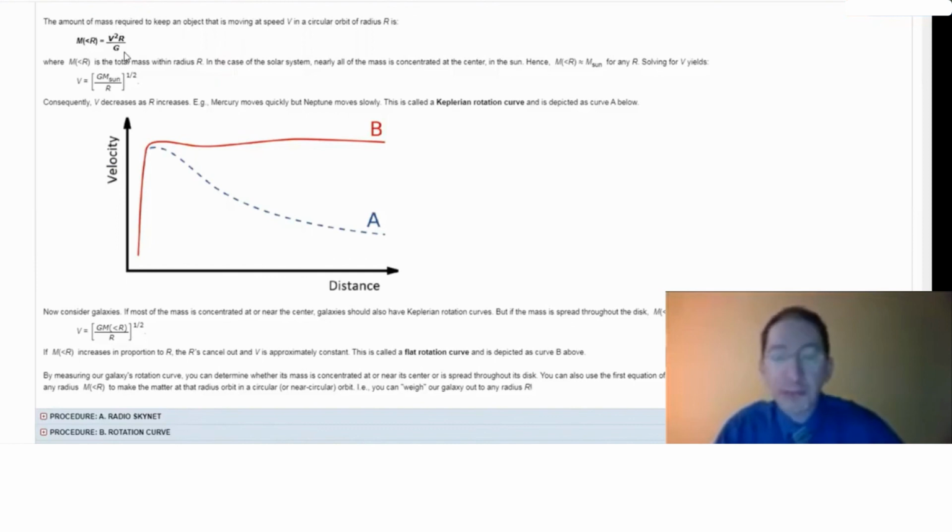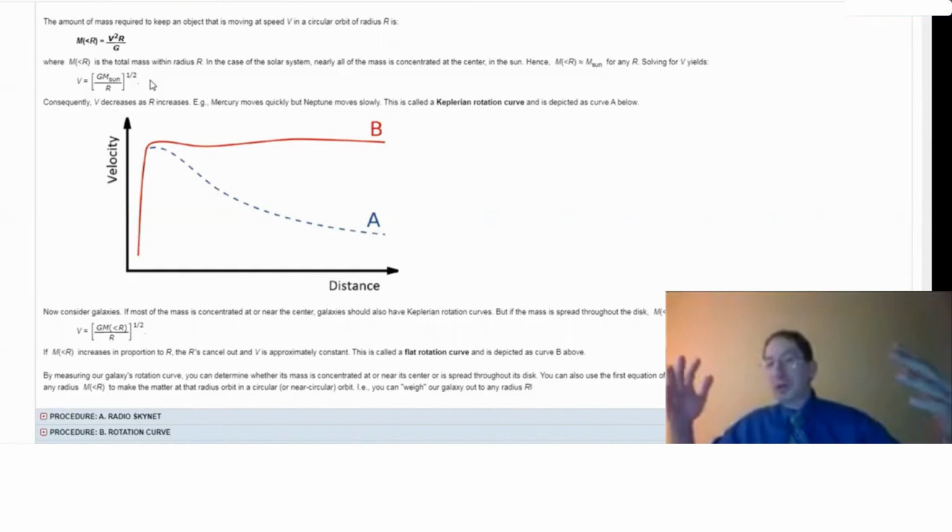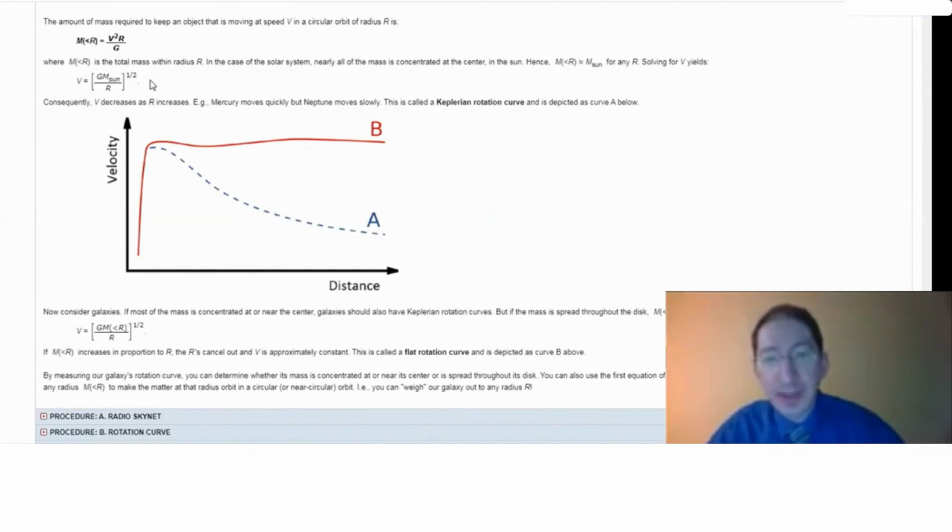Now, you can solve this for velocity, which we've done here in the case of the solar system. In the case of the solar system, it doesn't really matter at what distance you're orbiting. The mass interior to your orbit is pretty much the same for all objects in orbit. And that's because in the solar system, all the mass is concentrated into the Sun.